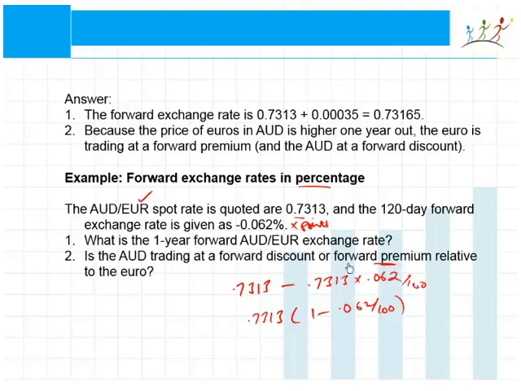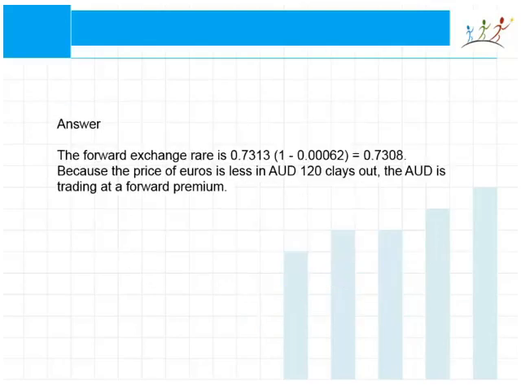However, the exact premium to calculate, we will first have to convert this into an indirect quote for the AUD, or the direct quote for the euro, that is get AUD in the denominator and then calculate the percentage forward premium as we discussed in the previous examples. So this will come out to be 0.7308 and the AUD is at a forward premium.